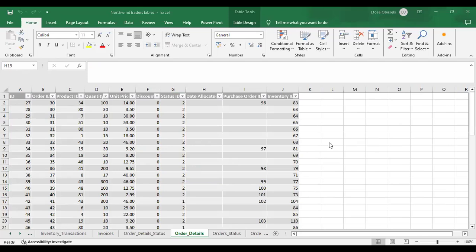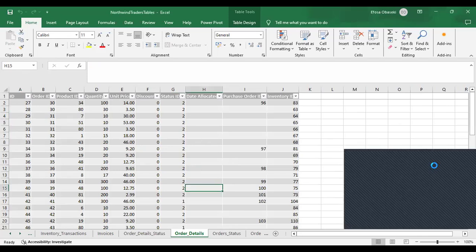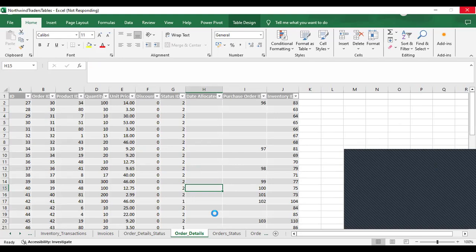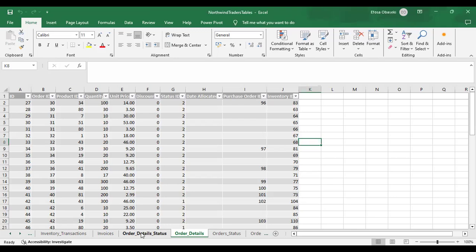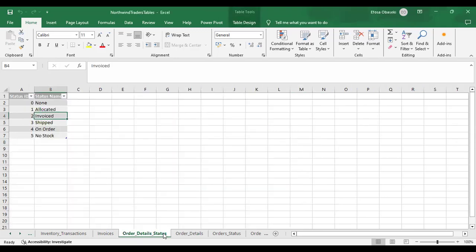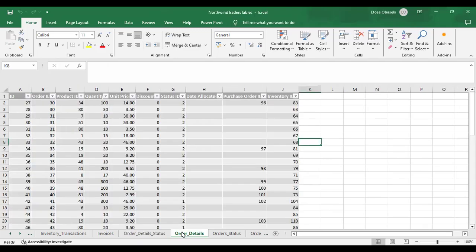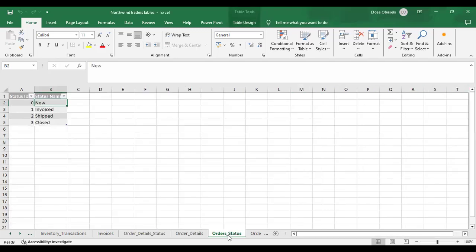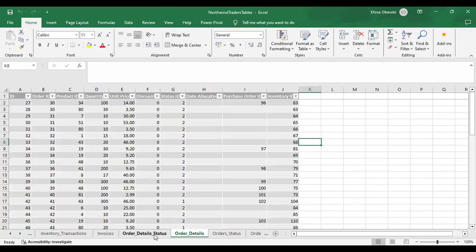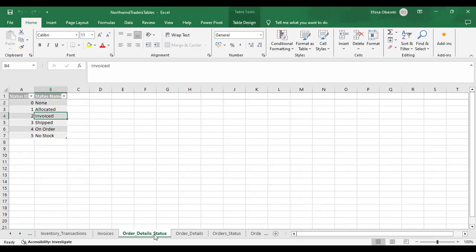This one has got to do with sales. Which one? This one, where I can see unit price. Yes. So these things that have other attached to it are related to sales. Other status, other details, status.